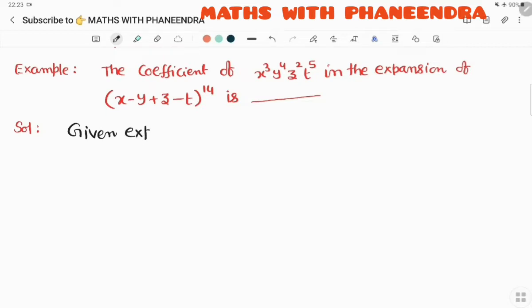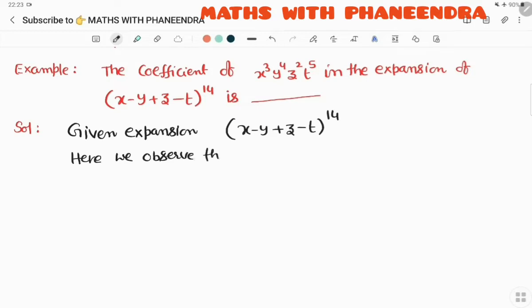Given expansion x minus y plus z minus t whole power 14, here we observe that the sum of the powers of x, y, z and t is equal to the power of the expansion. So 3 plus 4 plus 2 plus 5 is equal to 14.